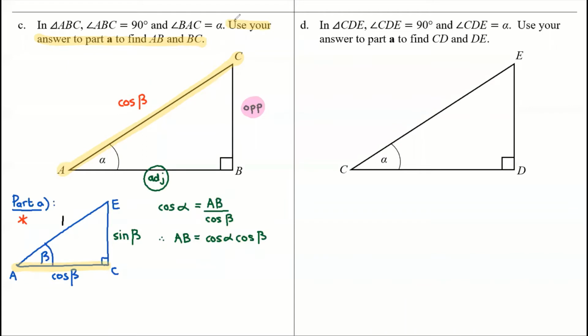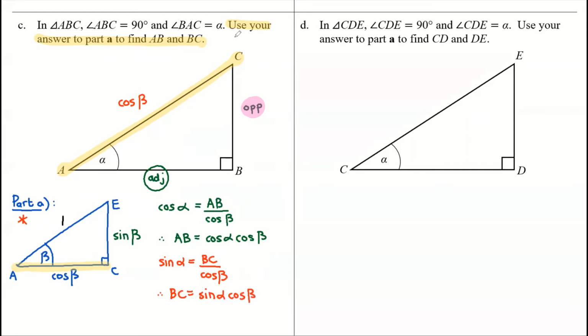So the sine of alpha is going to equal the opposite side, which is BC, divided by the hypotenuse, which is cos beta. And once again, a bit of rearranging. So therefore, BC is going to equal, that equal sign wasn't very good, sine alpha cos beta, the product of those two.